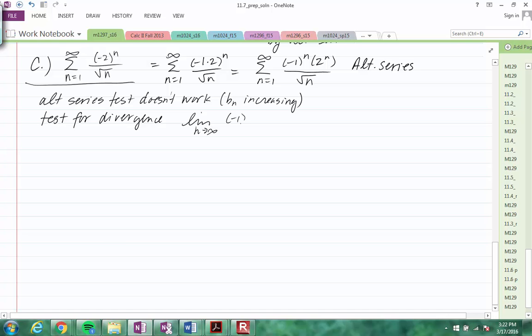So it's actually a little bit easier to look at with the form negative 1 to the n times 2 to the n over square root of n. But that alternating part is really tricky to take the limit of, and it doesn't exist. And then, you know, reconciling this other stuff.